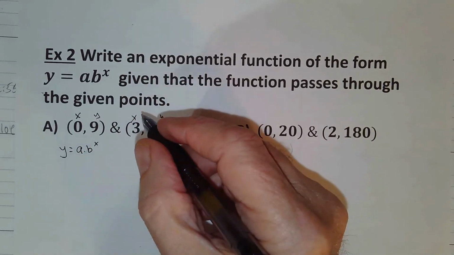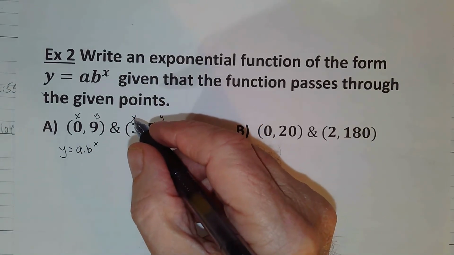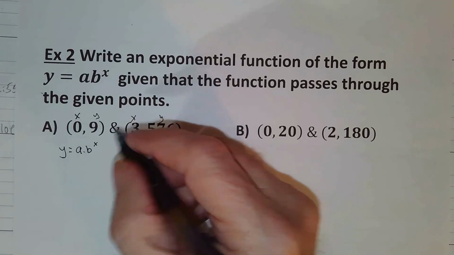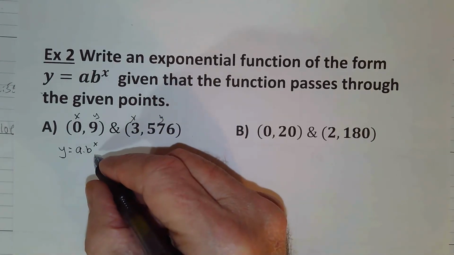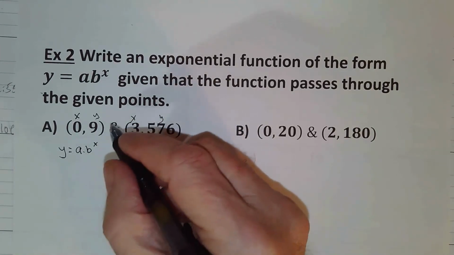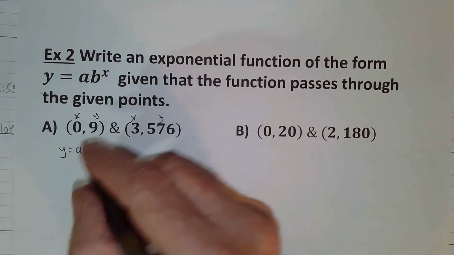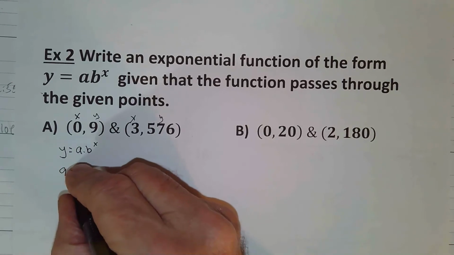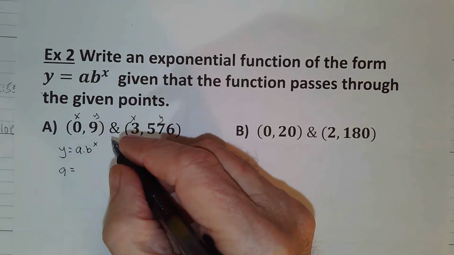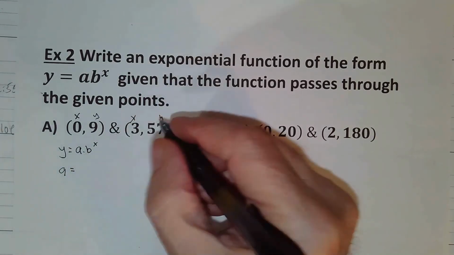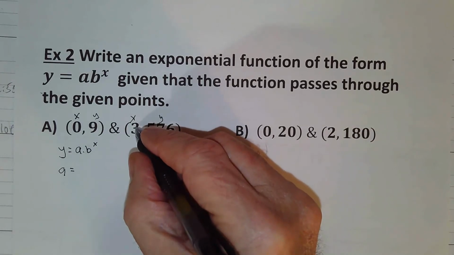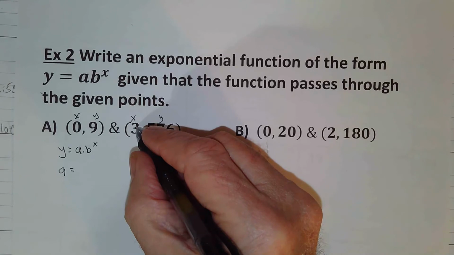And what I'm going to do is substitute the x and y. I'm going to use 9 for the y, and I'm going to use this x over here for the exponent.